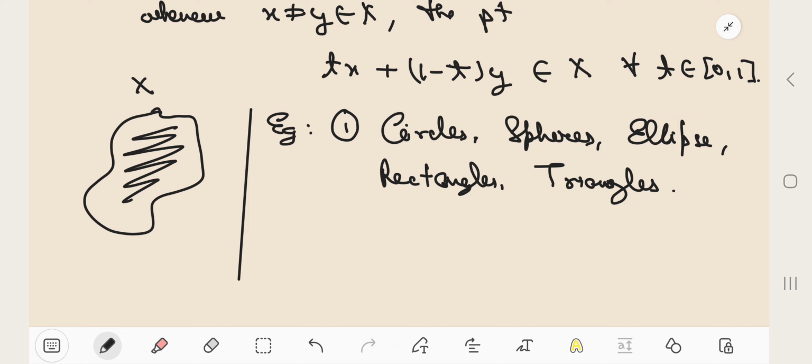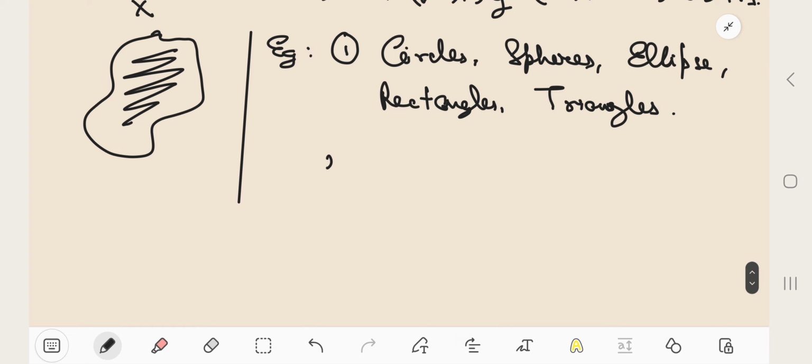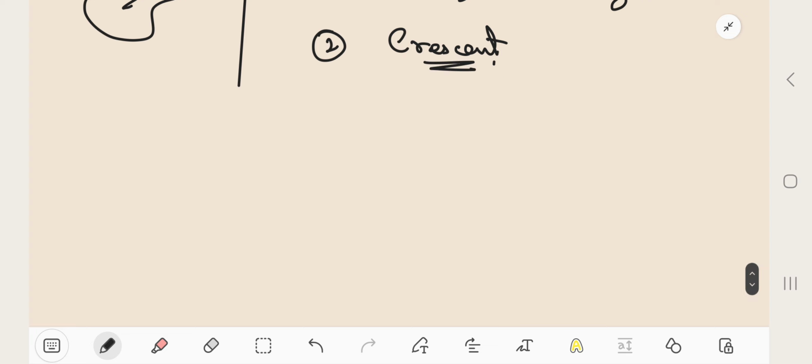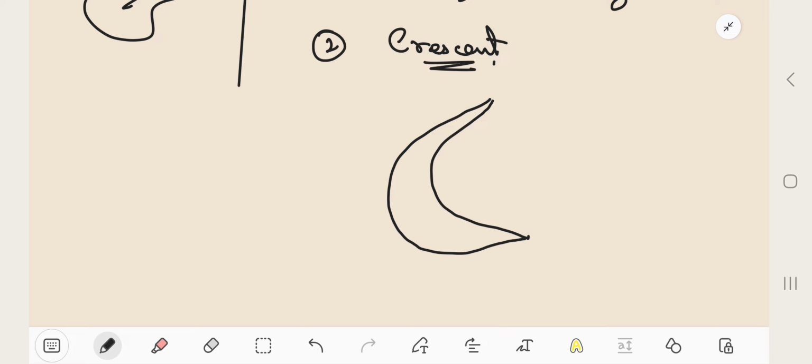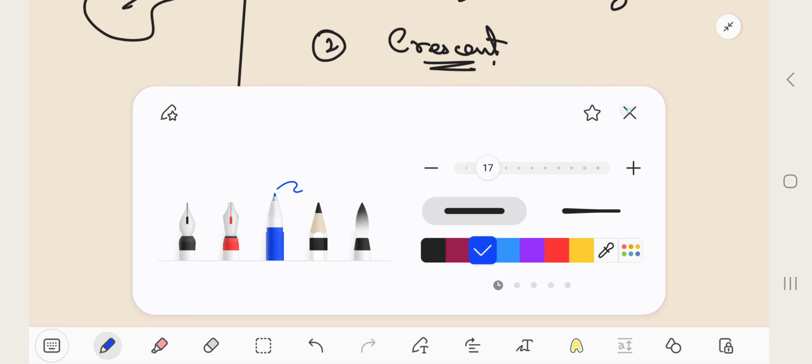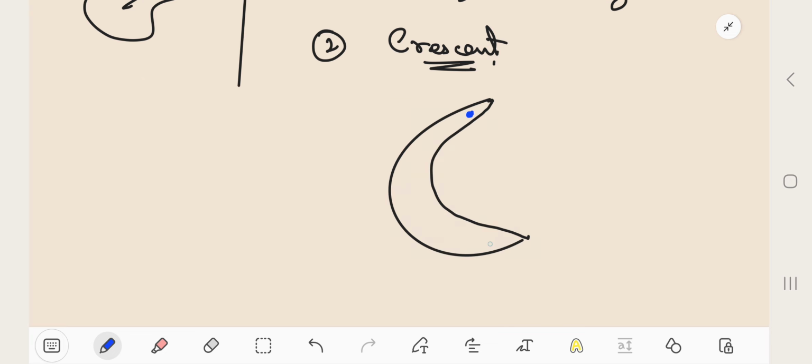Okay, so non-examples, I might give only one example, say the crescent. The crescent is a figure like this. Clear? So you can easily follow that if I choose a point here and a point here, then the line joining them, this part, is not confined inside the figure.